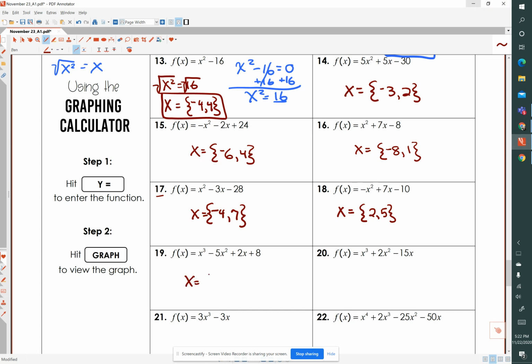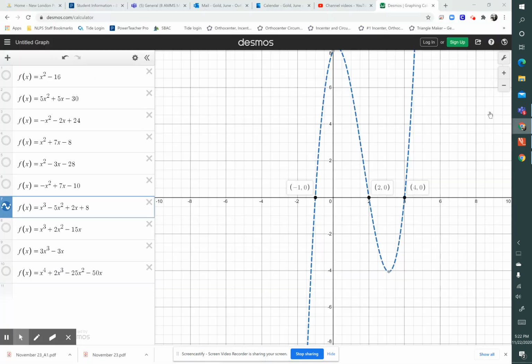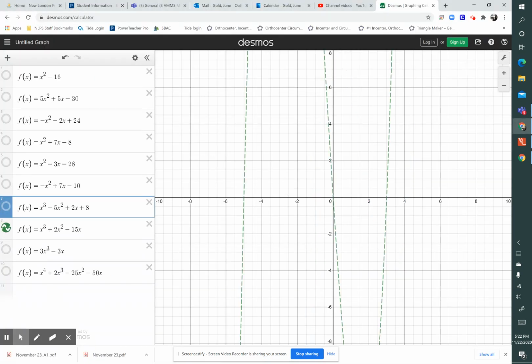X equals -1, 2, and 4. Number 20, x to the third plus 2x squared minus 15x crosses the x-axis at -5, 0, and 3.